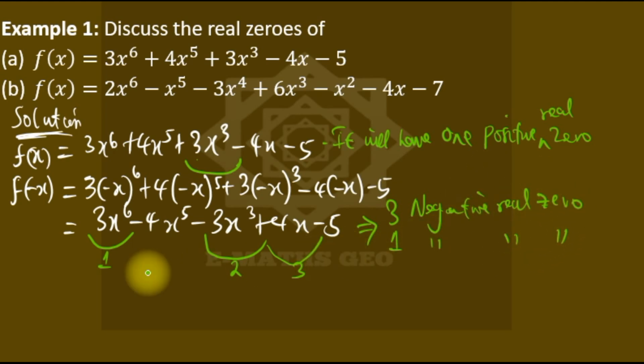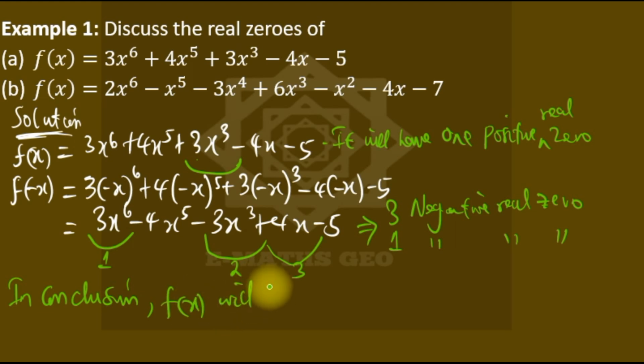So in conclusion, for f(x), the highest power is 6, so you must have 6 roots or zeros.